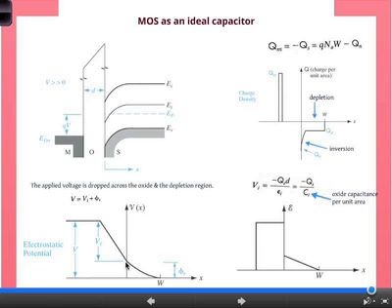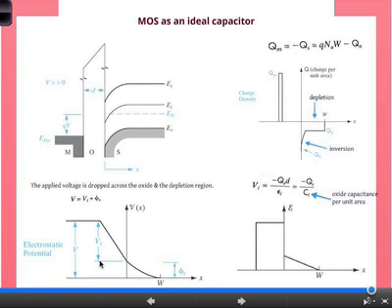Fixed field. Straight line means the field is constant. But in the semiconductor, we have band bending, which is non-linear as we saw. It's not a straight line, so you have some complicated equation that defines that. So that's the phi s, the voltage across the semiconductor. That's the Vi, which is the voltage across the insulator, the oxide.